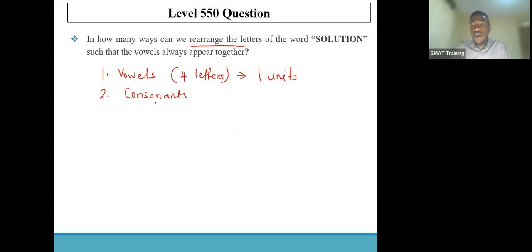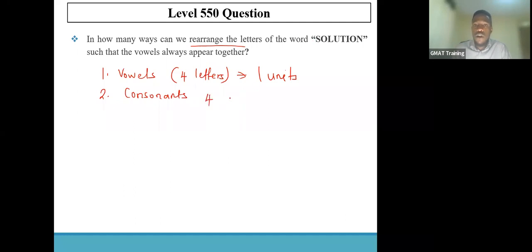Then the consonants, you are not required to follow any order in the arrangement, in that they can either appear together or they cannot, right? So these are distinct units, and the consonants are 1, 2, 3, and 4.